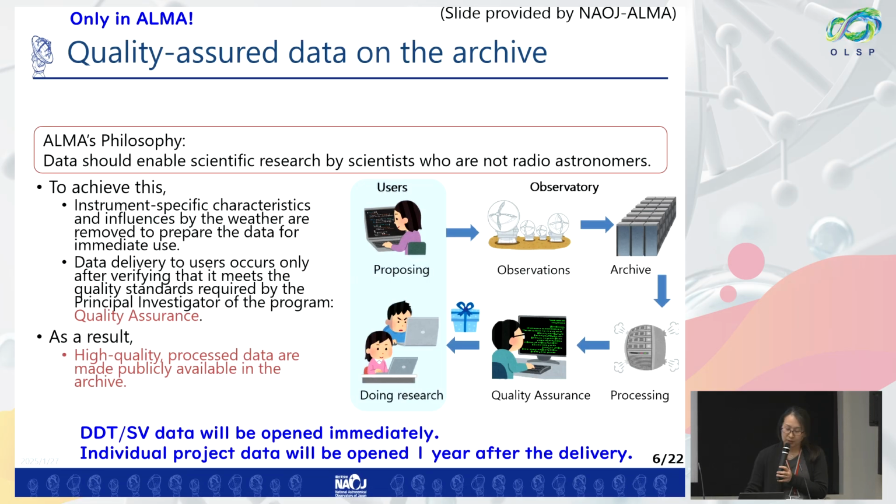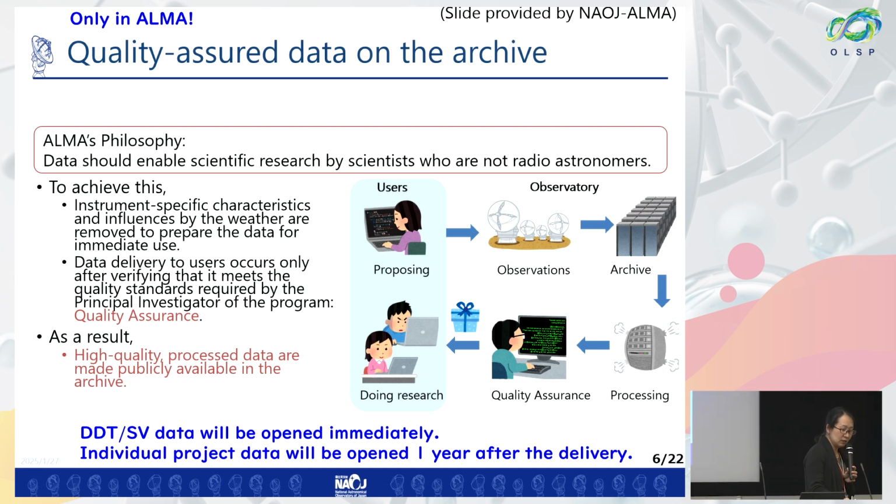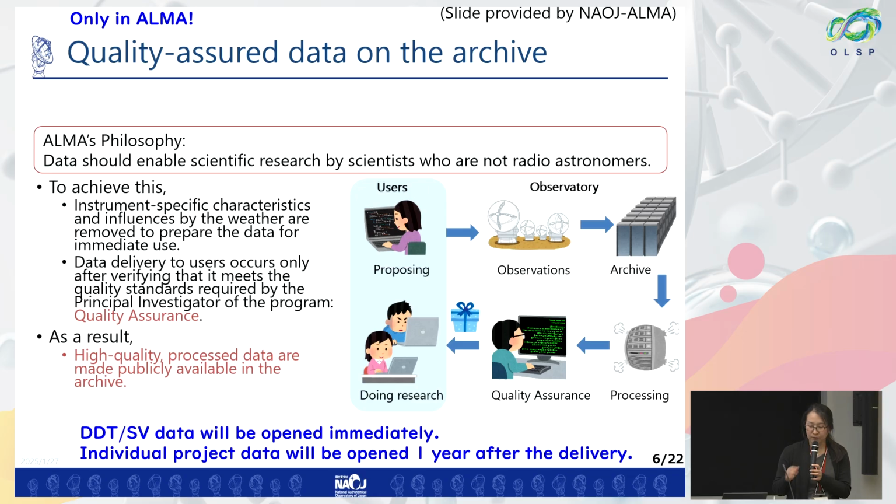Because ALMA is providing science archival data, and it's very precious data, ALMA wants to provide quality-assured data in the archive. This is, I think, the key in this facility. Always, after the observations, there is a quality assurance.